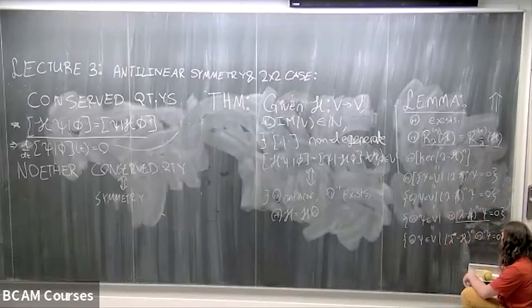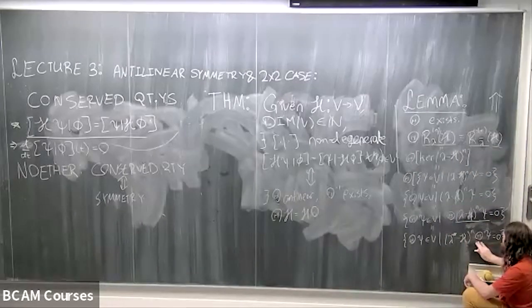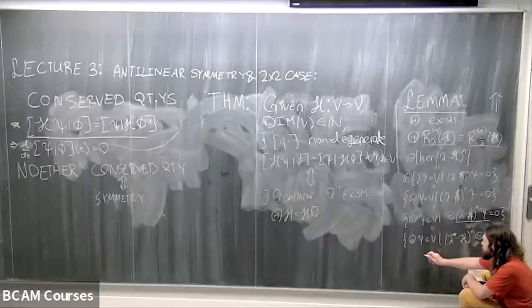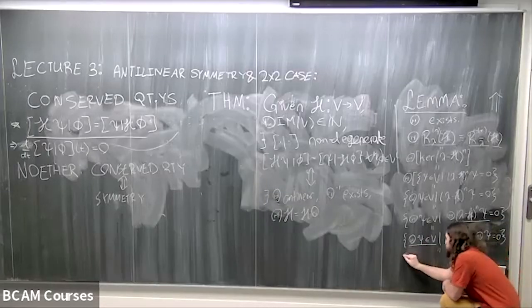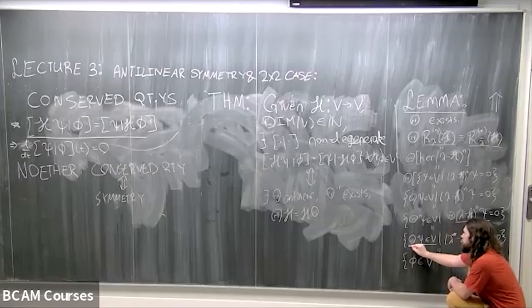Okay, now lastly, what we can do is, because theta is invertible, that means it's surjective, and that means that every vector in your vector space can be written as theta psi. So I can just give this vector a name, we'll call it phi.